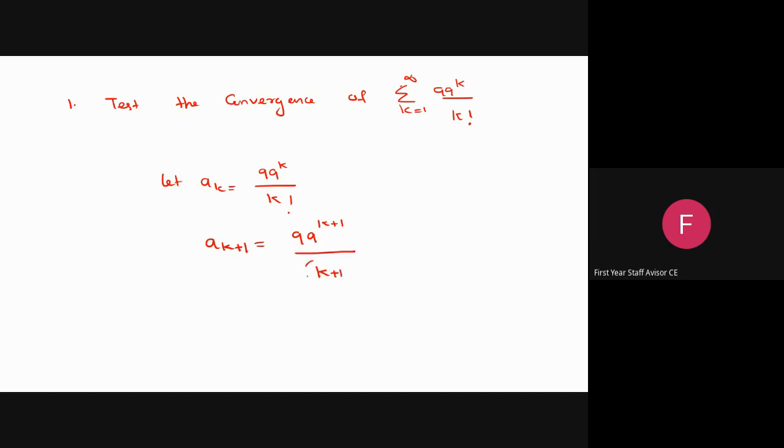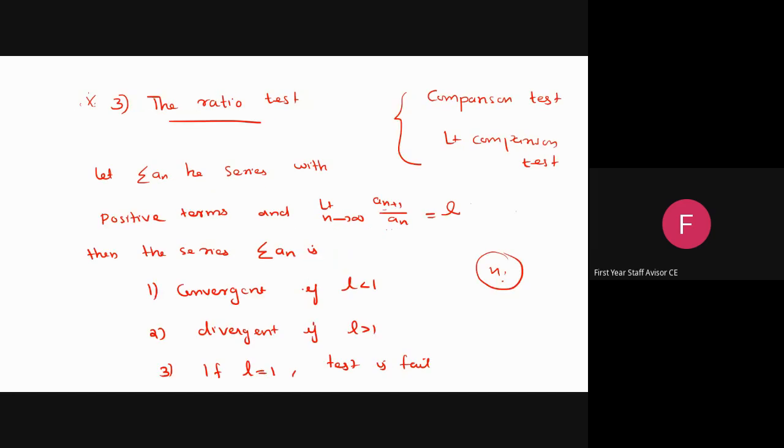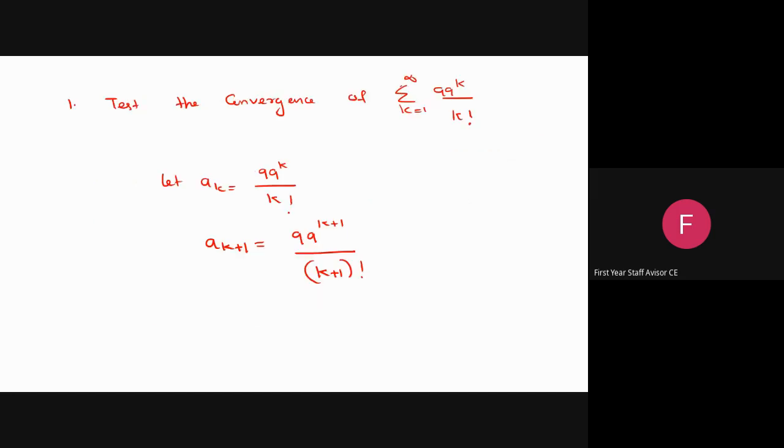By the ratio test, we find the limit as k tends to infinity of ak plus 1 by ak. That means 99 raised to k plus 1 divided by k plus 1 factorial into k factorial divided by 99 raised to k.